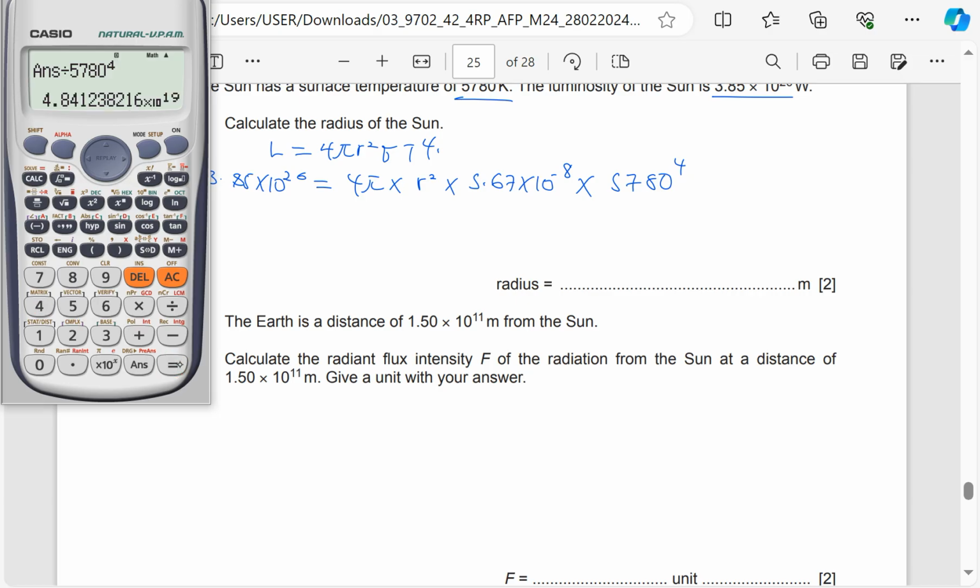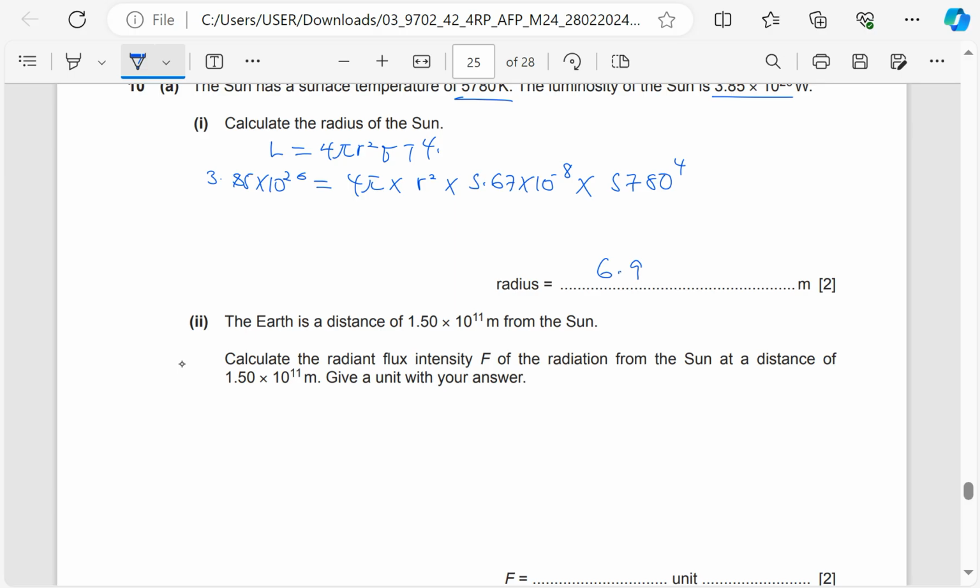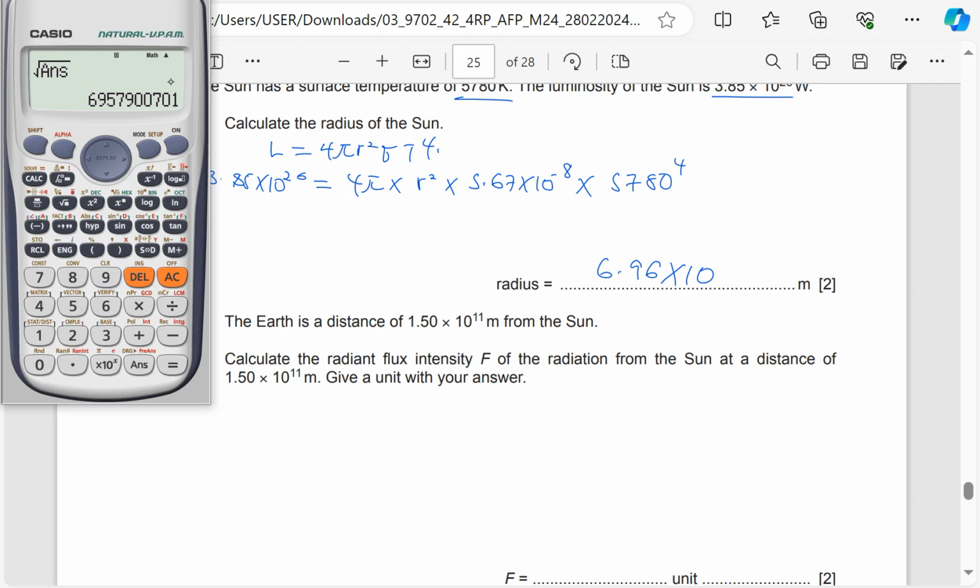Of course, I have to find the square root because r is squared. So I'll find the square root of the answer. So this is 6.96 times 10 to the power of 9.